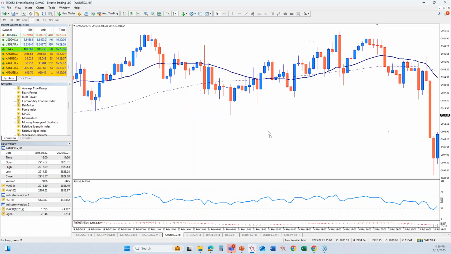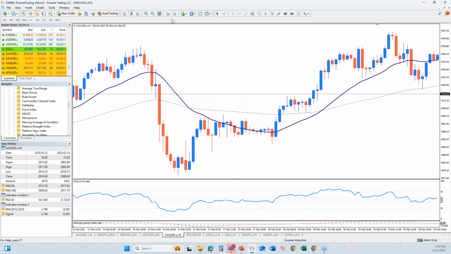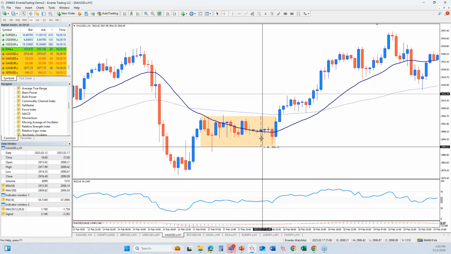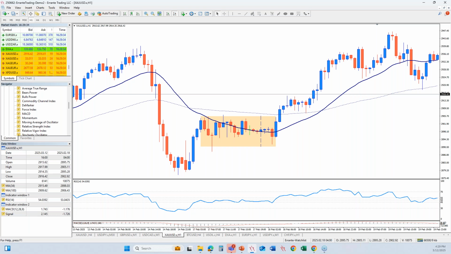But there are some times that there is no volatility in the market. For example, let's say you are a trader, you can measure the height of this range here. It's something just like $15 for gold, about 20 sessions, 20 hours for the whole trading day in this really boring day in this market.